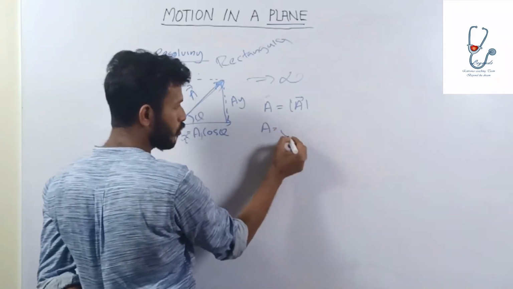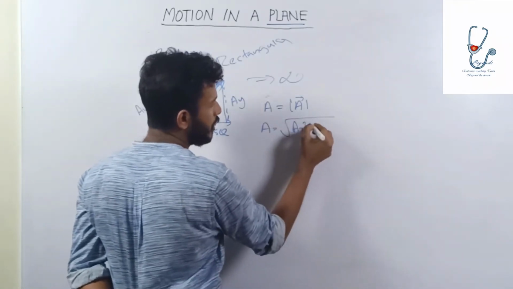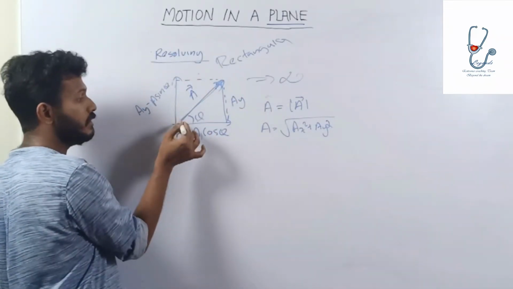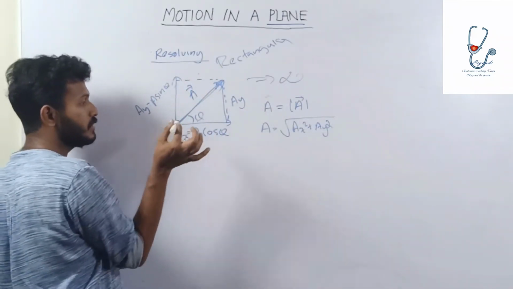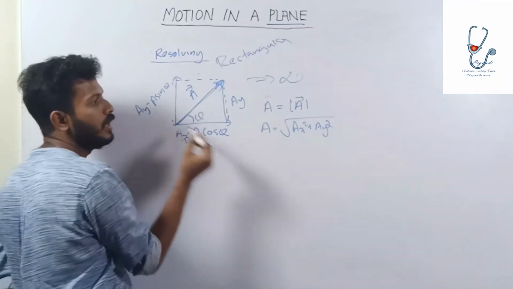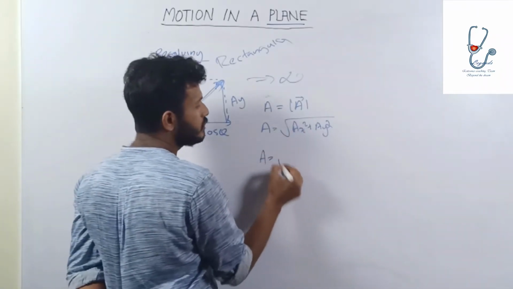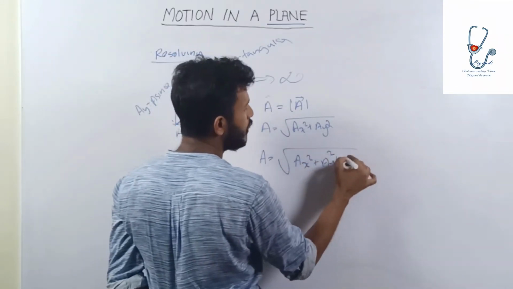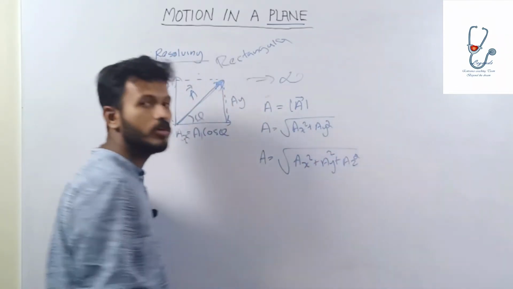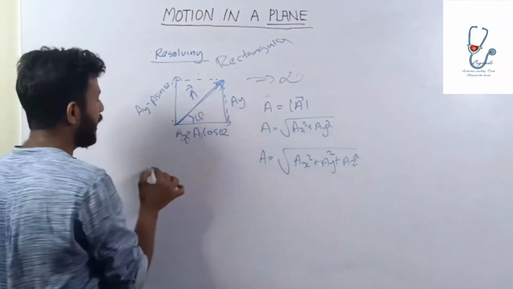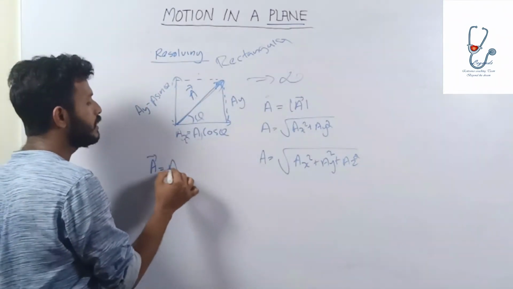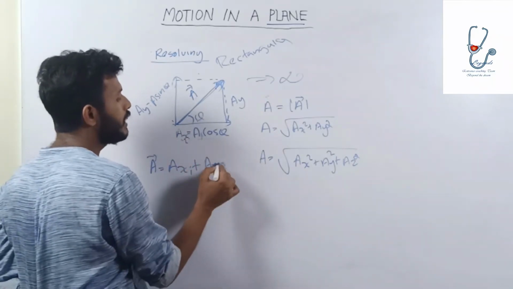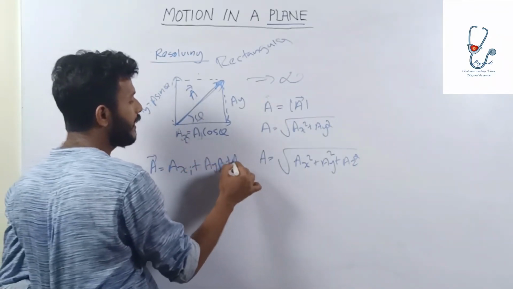A is equal to root of Ax square plus Ay square. If there is a third component, it is called Az. So A is root of Ax square plus Ay square plus Az square. Vector A can be represented like Ax i plus Ay j plus Az k.